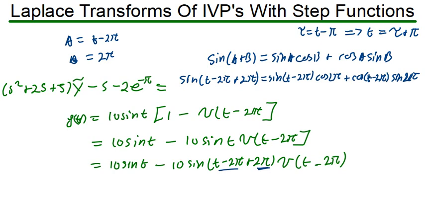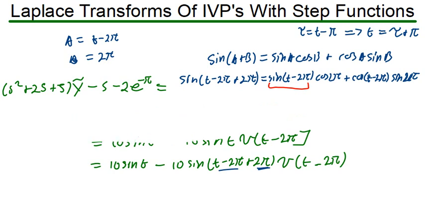Now cos 2 pi is a positive 1, so you just end up with what you have here at this point. How this works to my advantage is that this is just going to be equal to 10 sine t minus 10 sine(t minus 2 pi) u(t minus 2 pi).